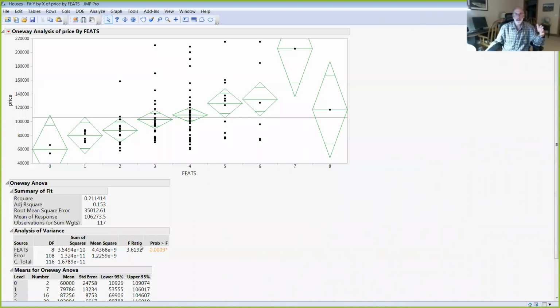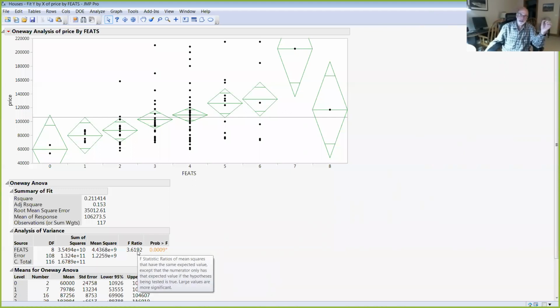It's only positive values and it's a skewed distribution. The F ratio is this mean square divided by this mean square. There is a complicated table that the computer has built in to look at an F distribution to say, with these different numbers of degrees of freedom, is this far enough away from 0 to be significant?